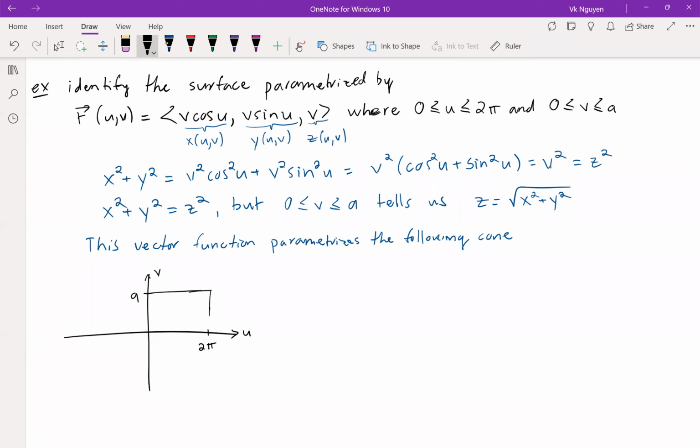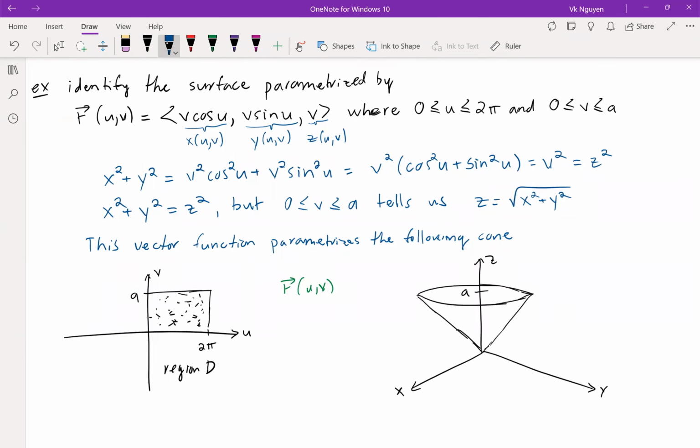This is the region D. And you do r(u,v), and you're going to get a surface, and that surface is gonna have radius up here also a. Yeah, this cone.